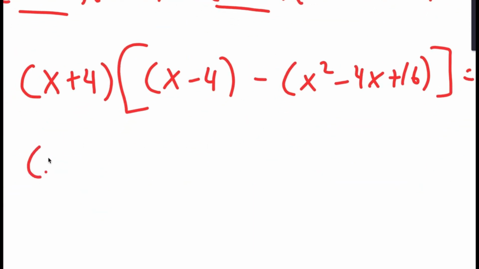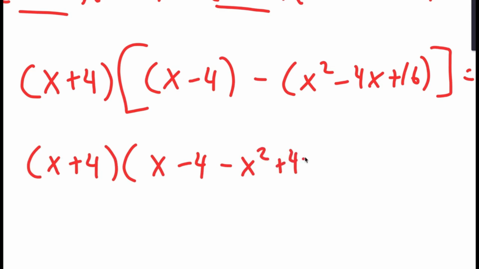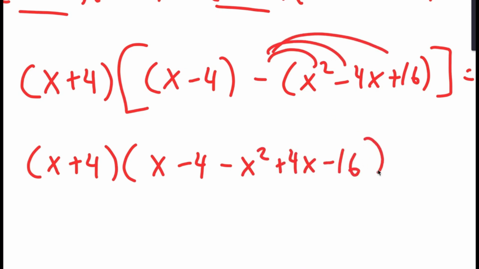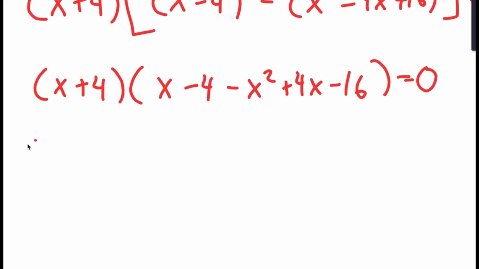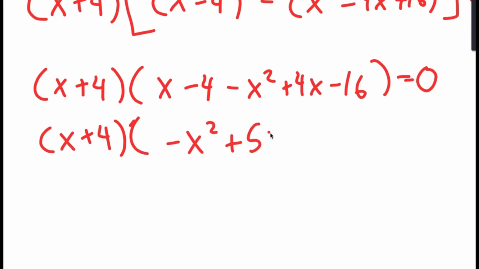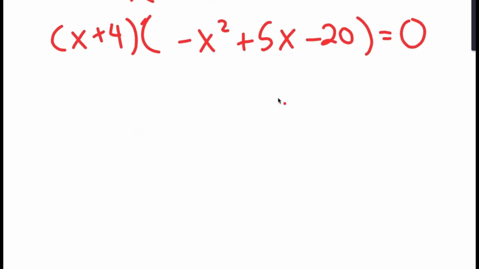Now from here, this is equal to x plus 4 times x minus 4 minus x squared plus 4x minus 16. I just distribute the negative sign, and this is equal to 0. Let's simplify this even more. I get x plus 4 times negative x squared plus 5x minus 20 is equal to 0.